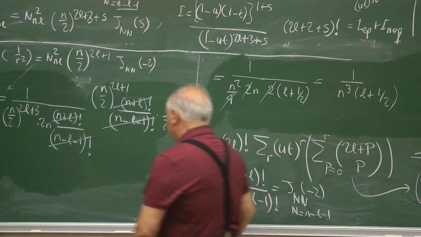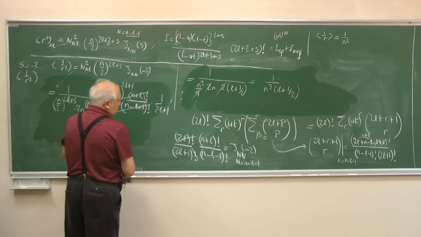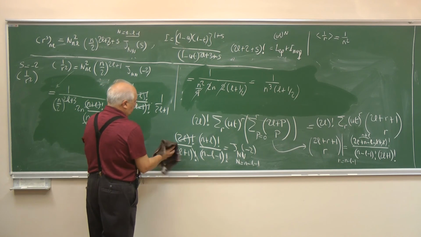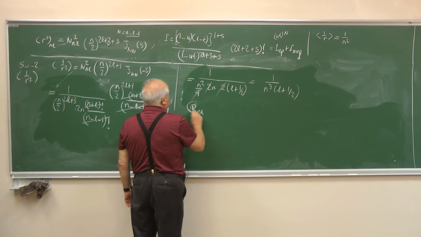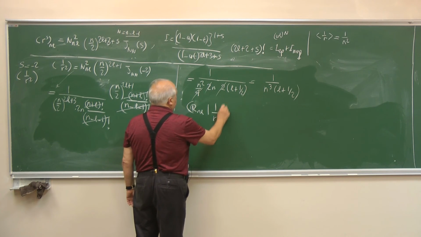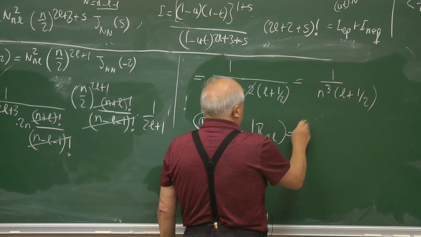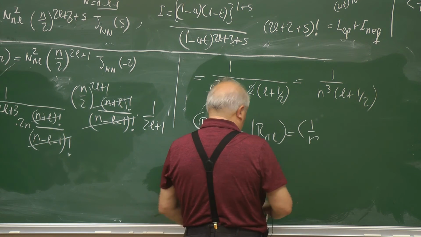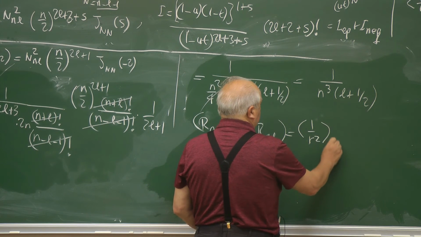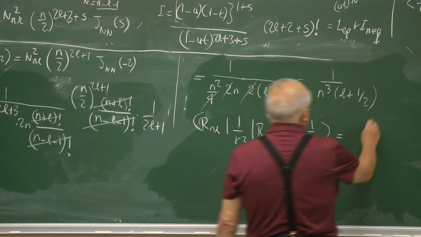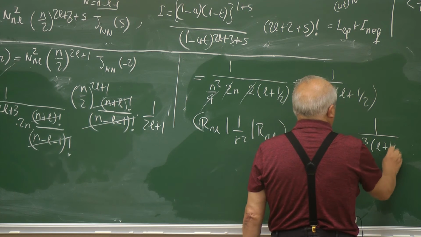We are finished. Let me just write down the result cleanly. I am erasing this part of the computation. So 1 over r squared is equal to 1 over n cubed (l plus a half).